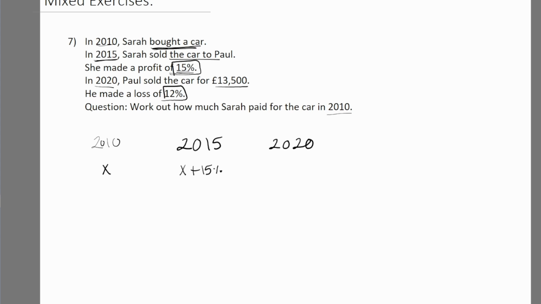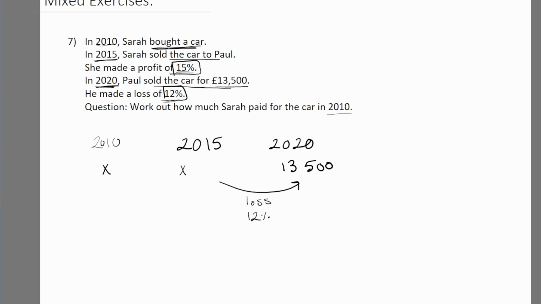Okay? Now, in 2020, Paul sold the car for $13,500. And it says here he made a loss of 12%. So right here, there was a loss of 12%.